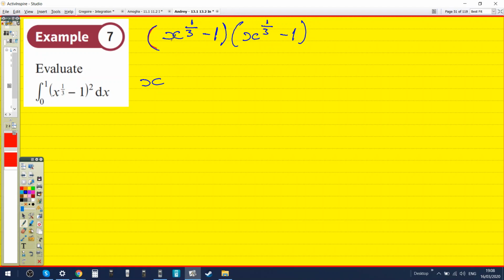How do you multiply index numbers? Oh, you add them together. So would that be 2/3? So x to the 2/3 minus 2x to the third plus 1.